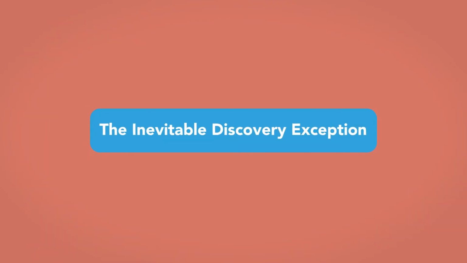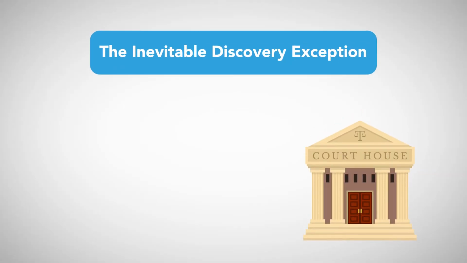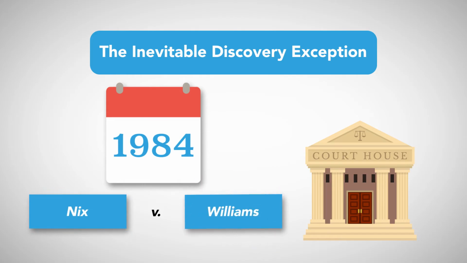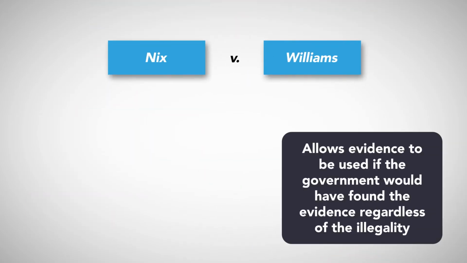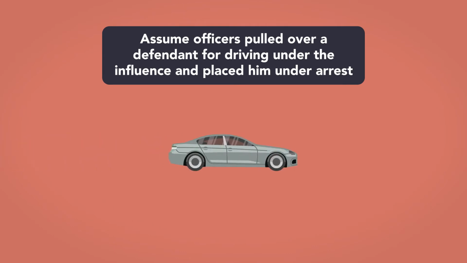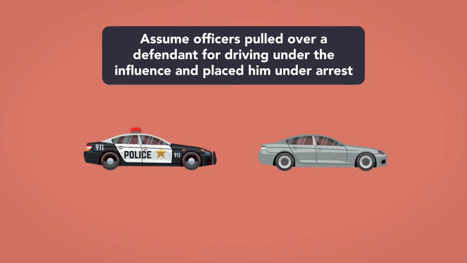Finally, another exception to the exclusionary rule is what is called the inevitable discovery exception. The court established the inevitable discovery exception in 1984 in Nix v. Williams. The inevitable discovery exception allows evidence to be used if the government would have found the evidence regardless of the illegality. As an example, assume officers pull over a defendant for driving under the influence and place him under arrest.